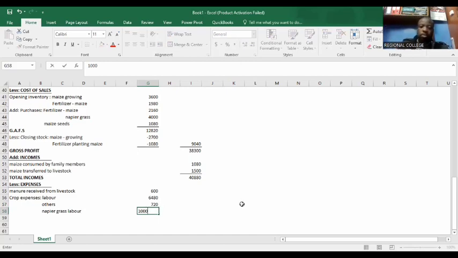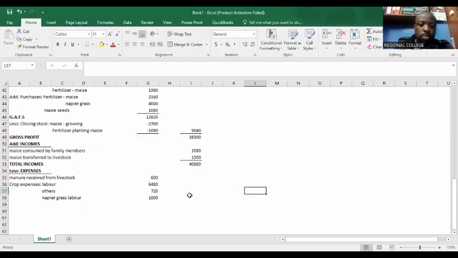The general electricity is for the income statement. So I don't see anything remaining there. So you can get the totals.